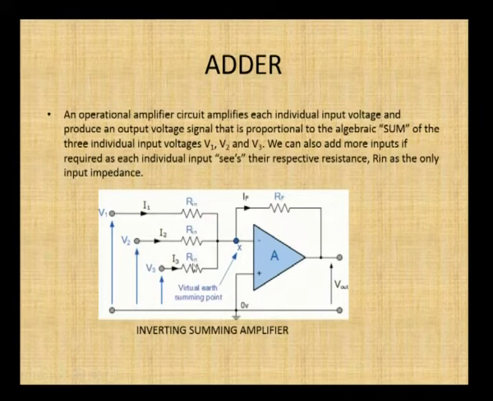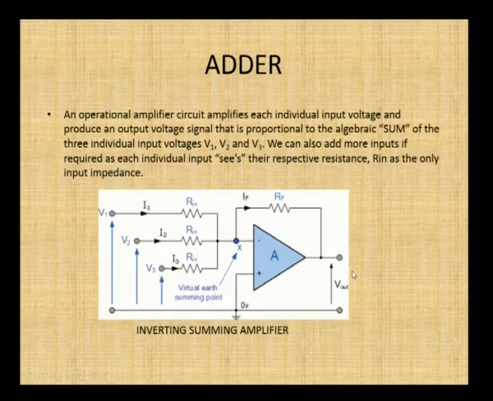Rn is the external resistance given to the operational amplifier, and if these Rn are equal, then RF by Rn is the gain factor of this operational amplifier and the output of the circuit will be the sum of these inputs into the gain. So, Vout is equal to minus of RF by R1 into (V1 plus V2 plus V3).